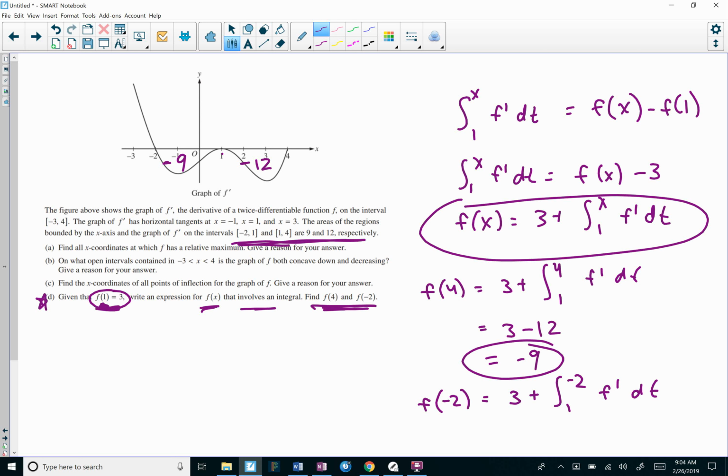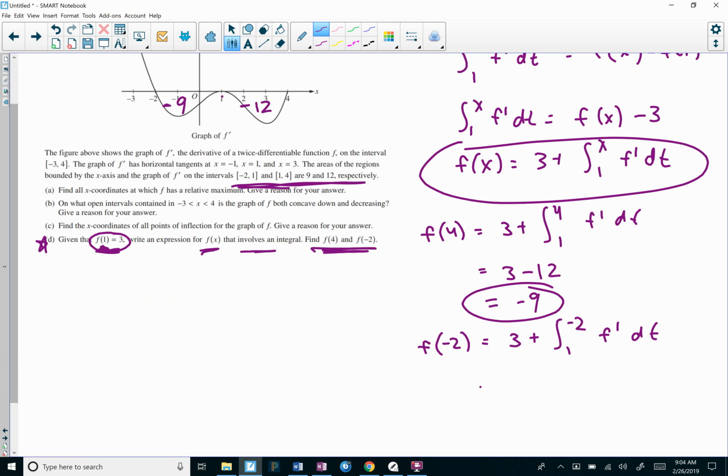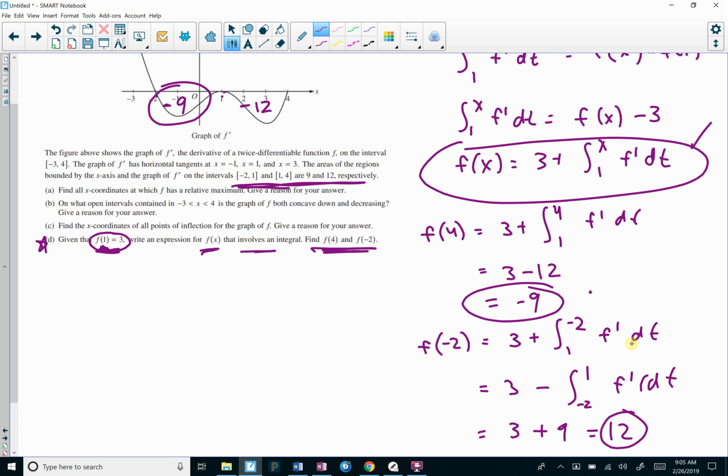Okay, so that is out of order, so let's switch that. Minus, flip that interval. Okay, so negative 2 to 1 is negative 9. So I have 3 minus negative 9, which will give me 12. That was worth 3 points. No, excuse me. 1 point for the two values, 2 points for this.